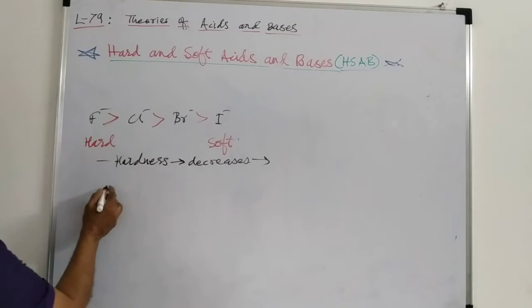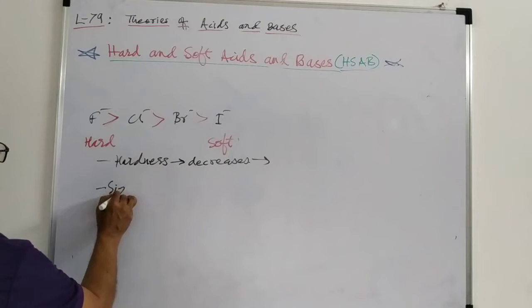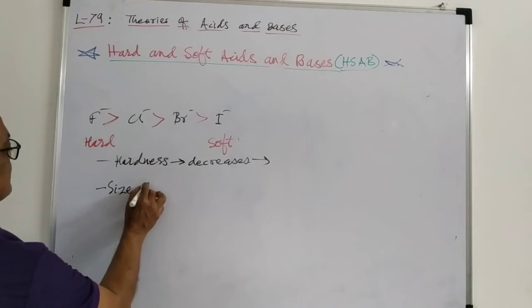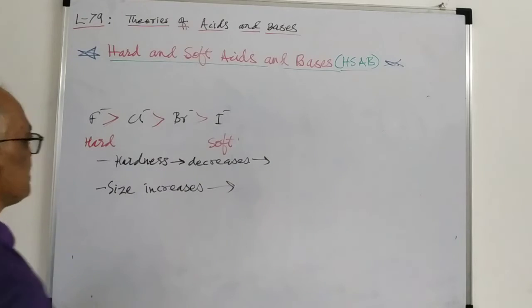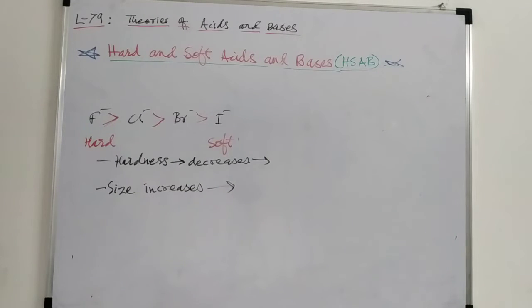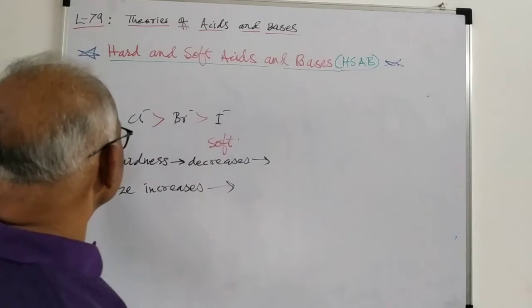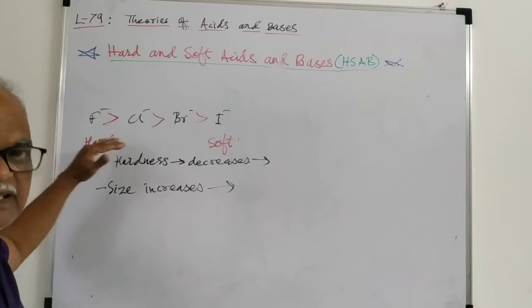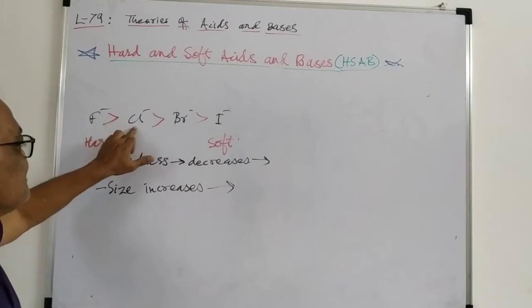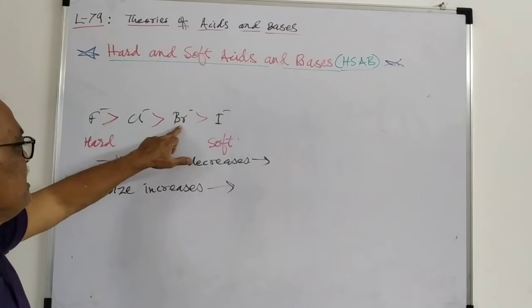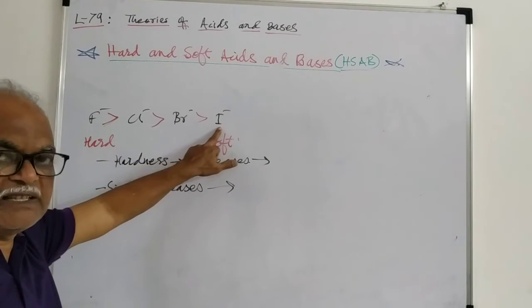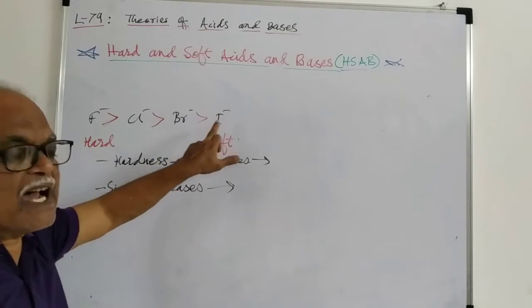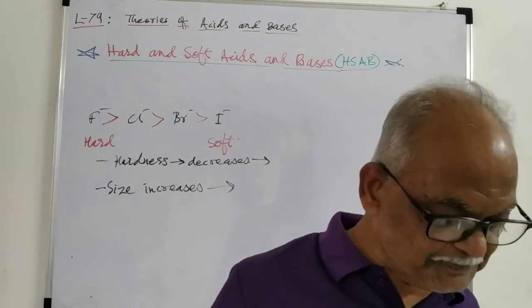Similarly, the size increases in this direction. So F minus is the hardest of all these halides, and Cl minus is less hard than F minus. Br minus is less hard than Cl minus, I minus is less hard than Br minus, and I minus is the softest of all.